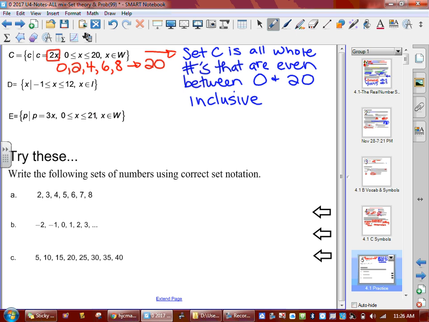Inclusive means we include the 0 and the 20, okay? So set C is all of the whole numbers that are even between 0 and 20 inclusive. So basically you're counting by 2's.